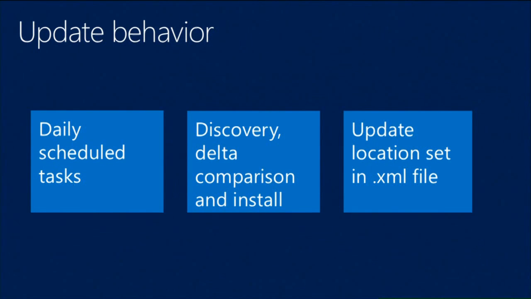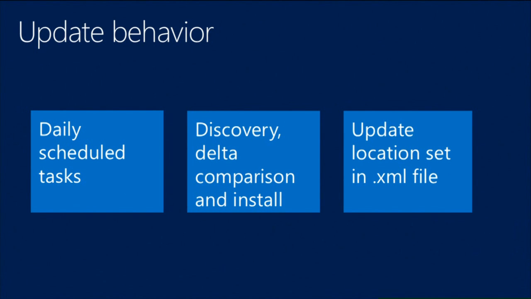The scheduled tasks, as I mentioned, run 3 times after I log in, at 15, 45, and 75 minutes. Then we do a discovery to see if there's a newer package, mounting that v32.cab file, finding the package, and comparing the different packages. We have about 1,900 different components that we compare against each other.